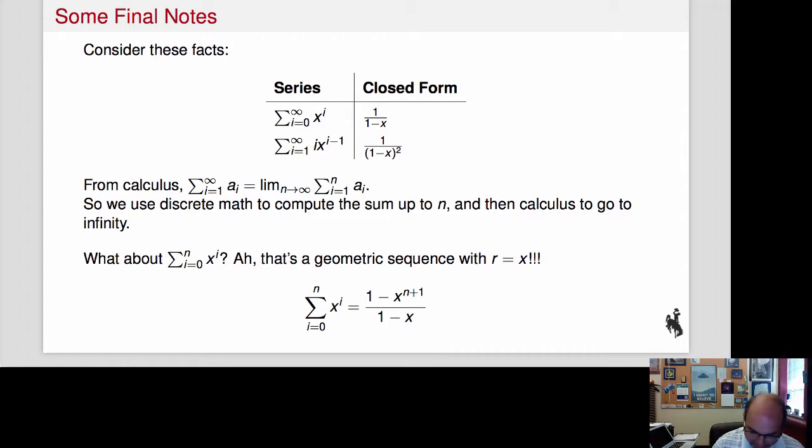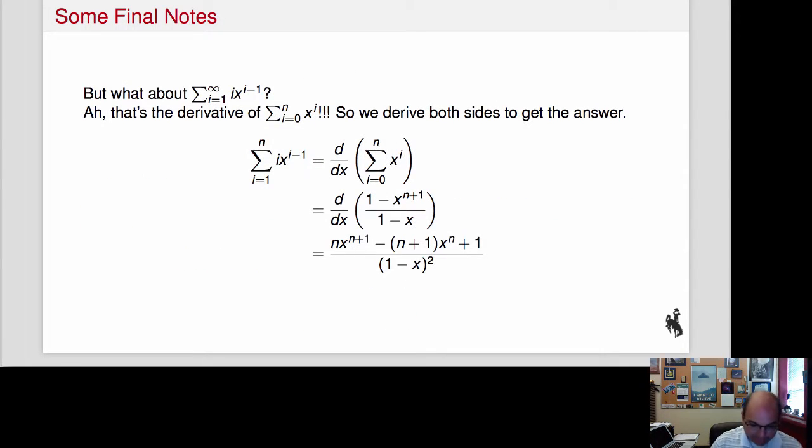Now let's look at the next term, which is the sum from i equals 1 to infinity of i times x to the i minus 1. What we see is that the derivative with respect to x of x to the i is equal to i times x to the i minus 1.